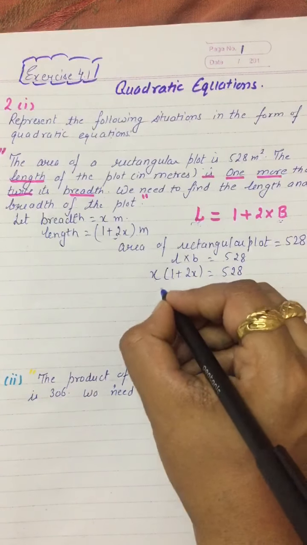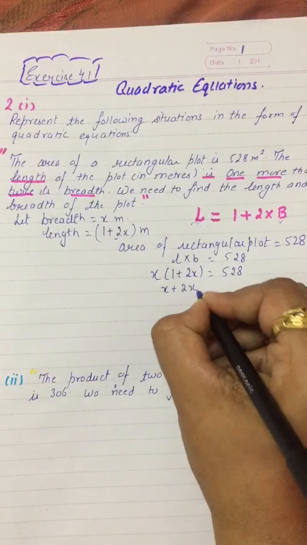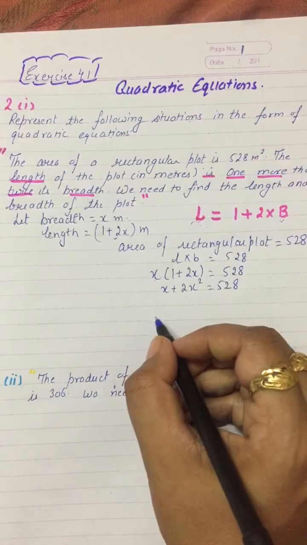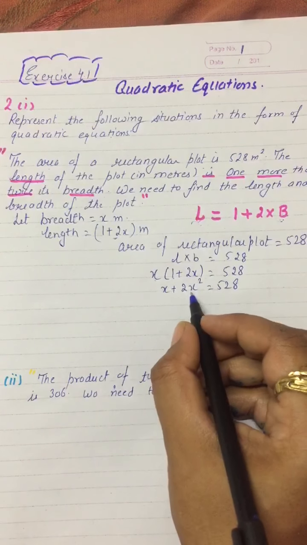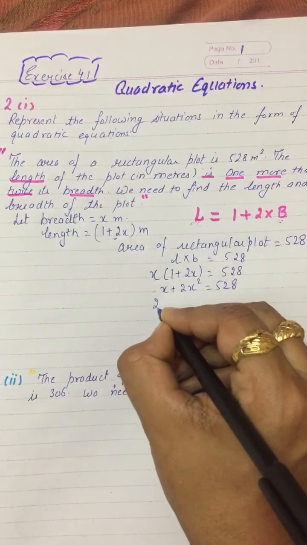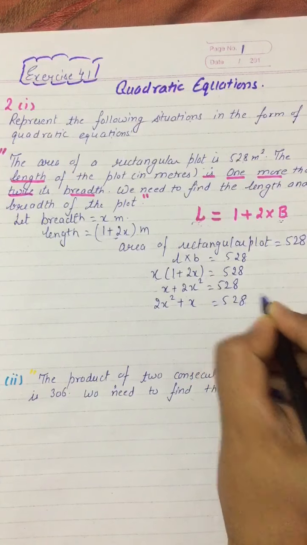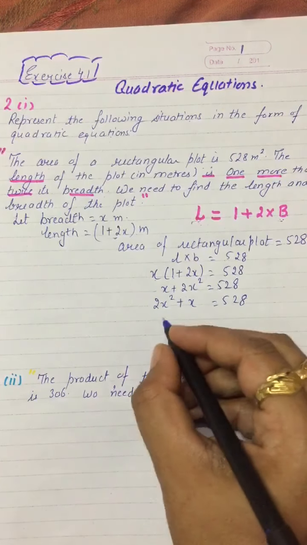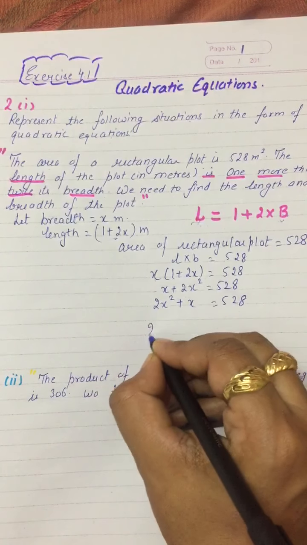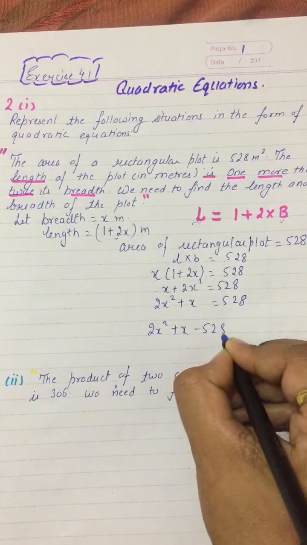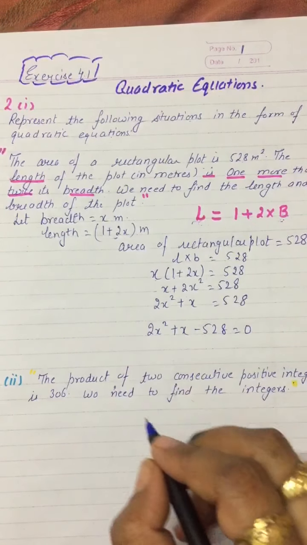Open it. x into 1 will be x, plus 2x square equals 528. Arrange it. Firstly, take the terms like this: 2x square plus x equals 528. Take this 528 to the other side, it will be 2x square plus x minus 528 is equal to 0.